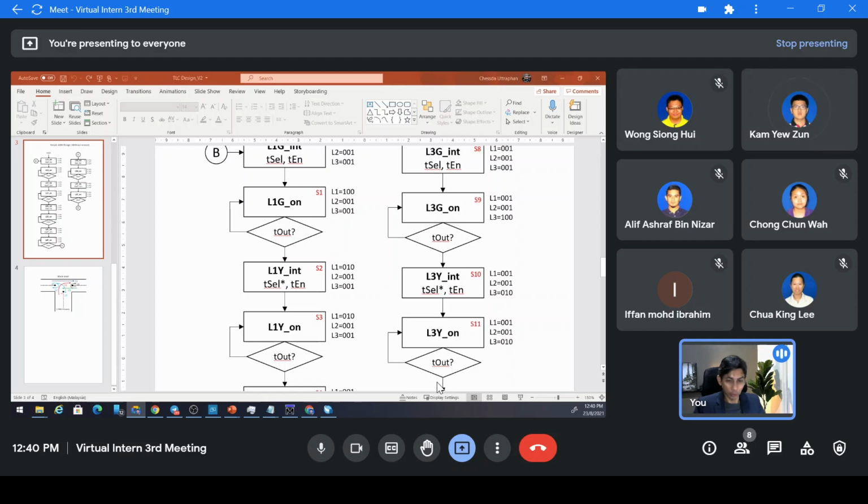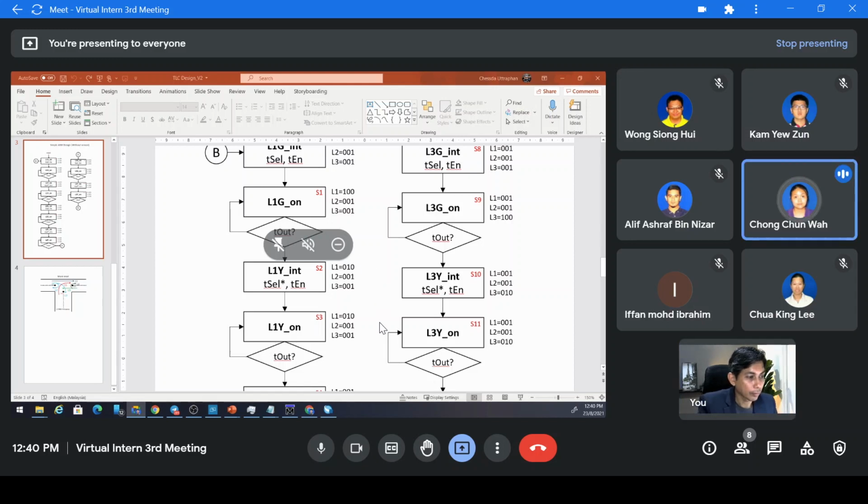Okay. So if no question, we will stop here. So the next meeting will be next week, Sunday, right? Doctor, may I ask about the guidebook of the test bench? Because we have roughly drafted the content of the test bench, but we do not know which format we need to follow. Oh, okay.